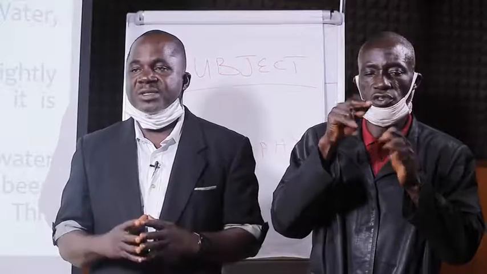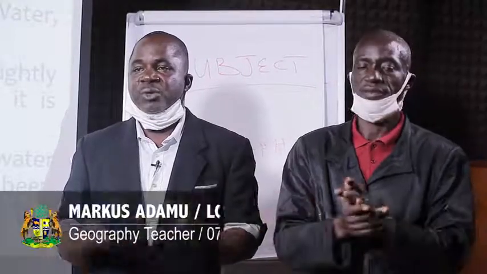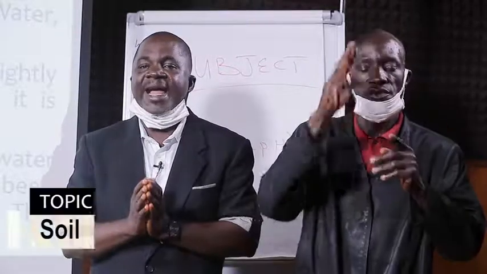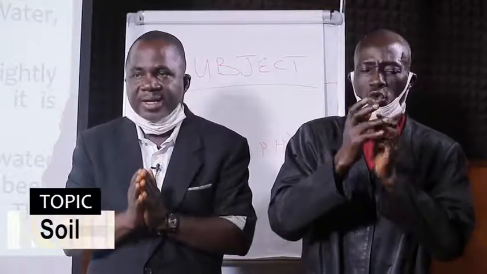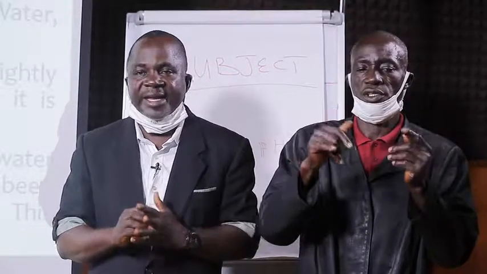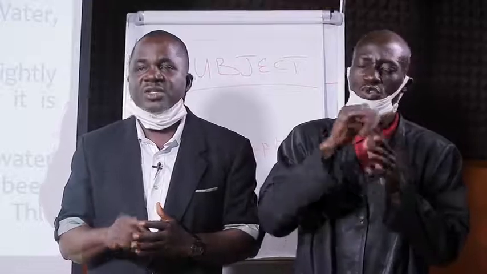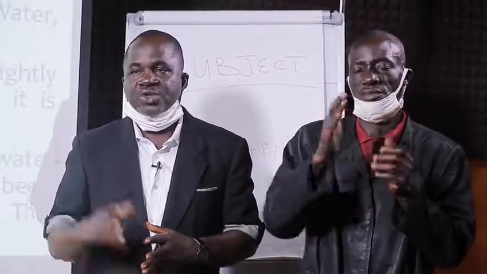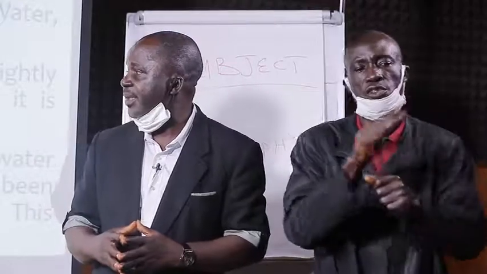In these situations, most of the time, the water will be there in the soil. But for the fact that they are tightly held by the individual particles of the soil, it is insufficient or sometimes completely not available to support the plant.